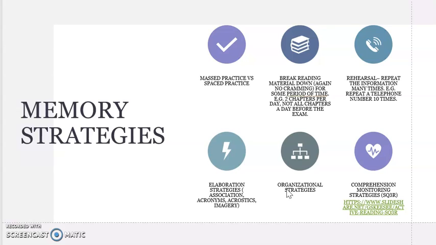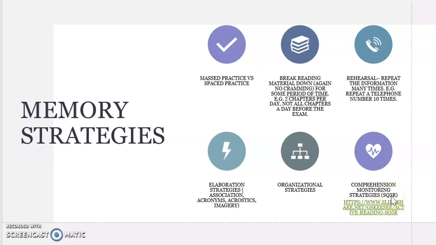And the last one is comprehension monitoring strategies. Comprehension monitoring strategies are reading strategies to make your reading more effective, for example using a method called SQ3R. SQ3R stands for survey, question, read, recite, and review.